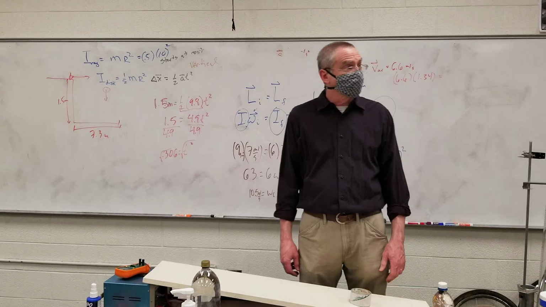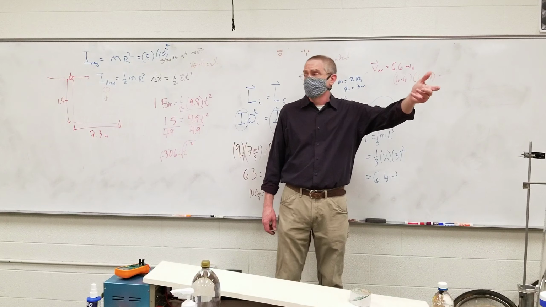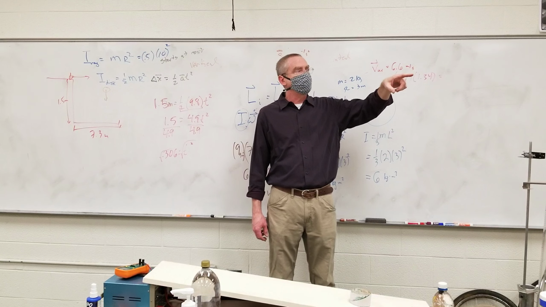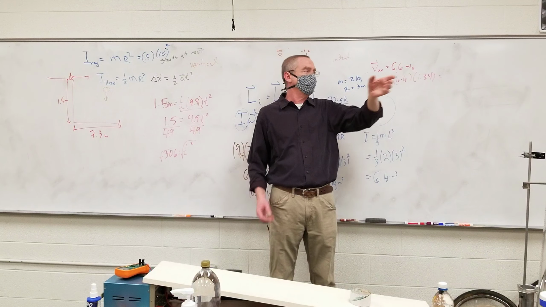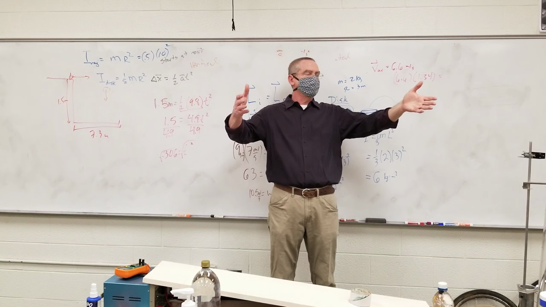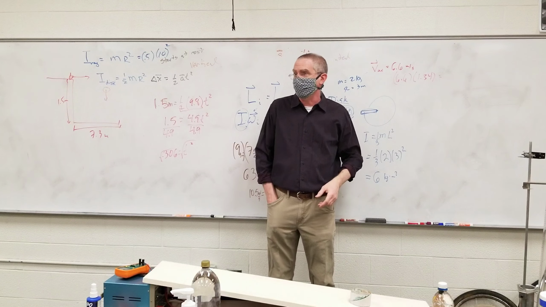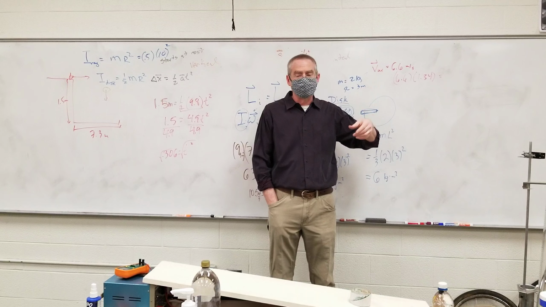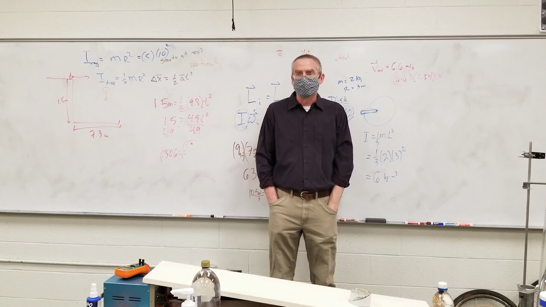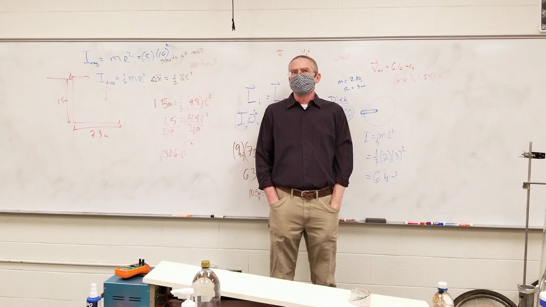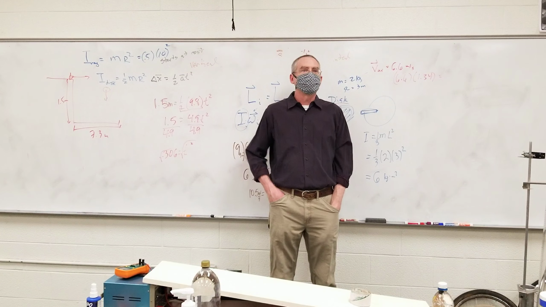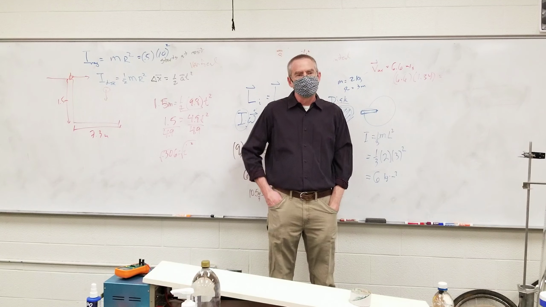Okay, so, let's take the example of the door. The door, we'll just say, has a width of 1 meter. And I'm going to apply 5 newtons of force to it. What goes into finding torque anyway? The lever arm and the force. And the direction of the force.